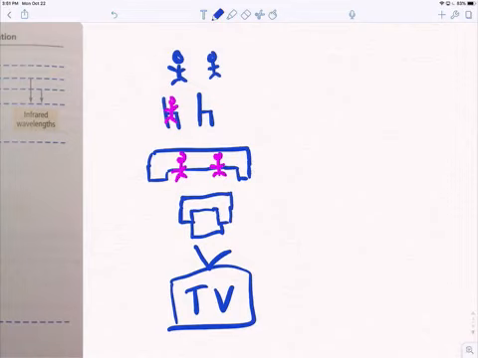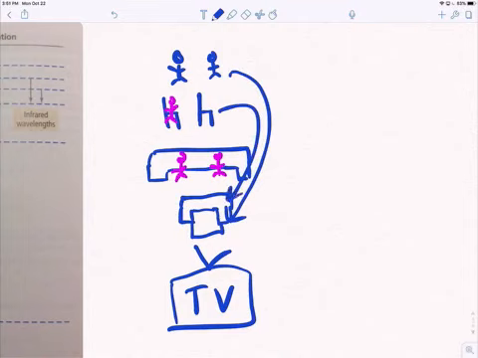Someone's going to sit down. And what's that person going to do? Been standing up, watching the third episode of The Office, tired of standing. What's the person going to do when he or she gets the lazy boy?